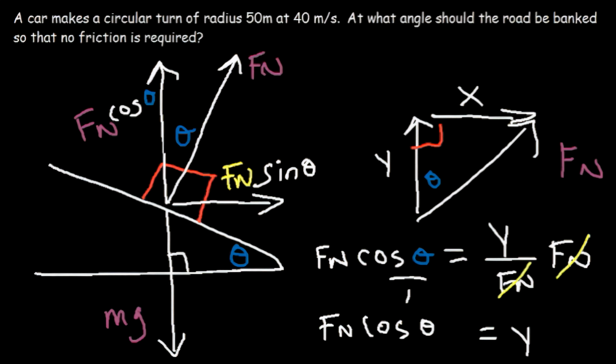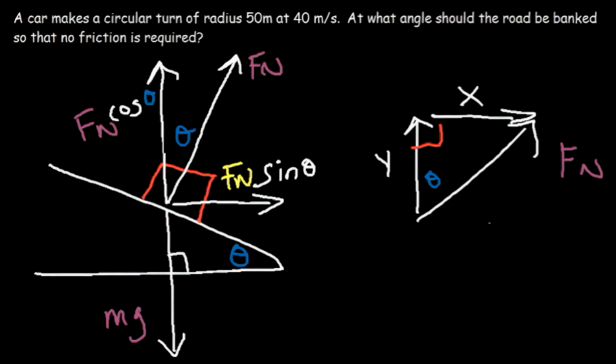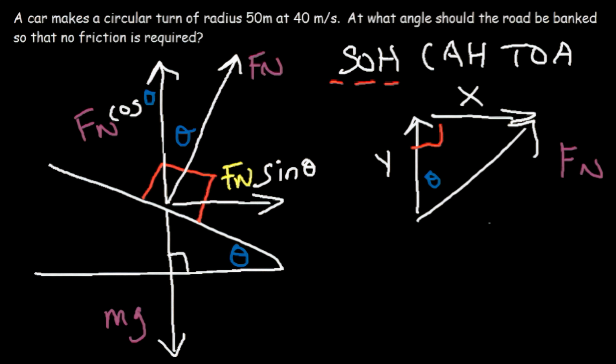Now what about the other side? Let's do the same thing. So we're going to have to use sine instead of cosine. So according to SOHCAHTOA, sine is opposite over the hypotenuse.